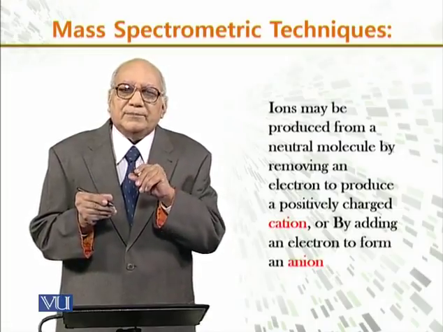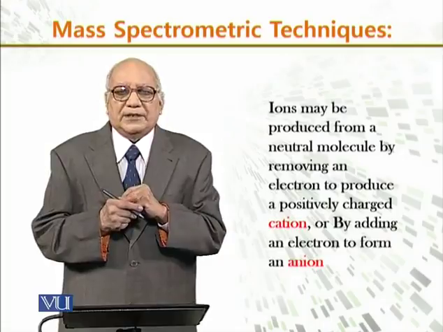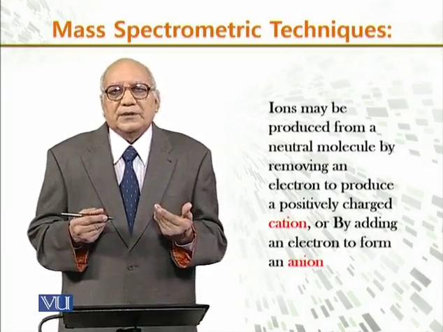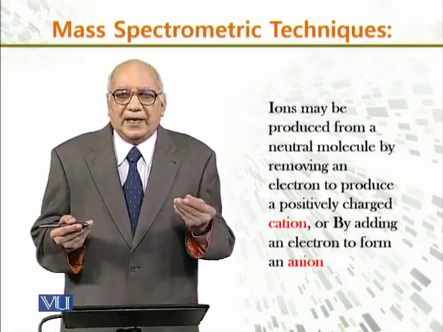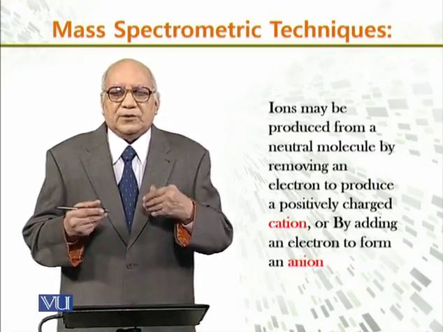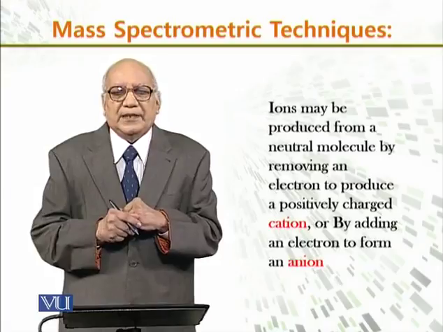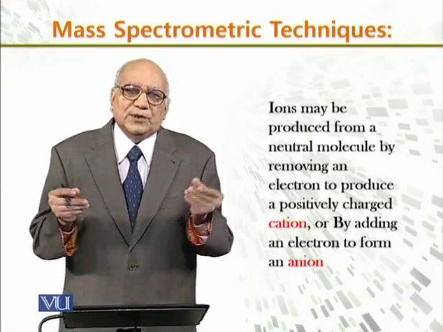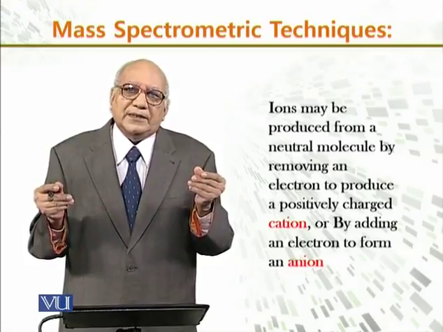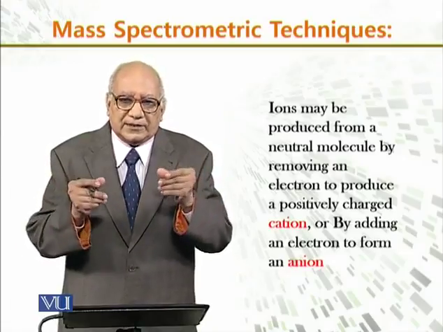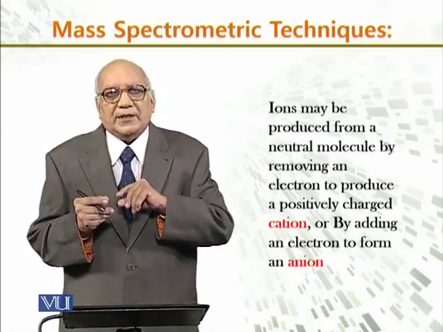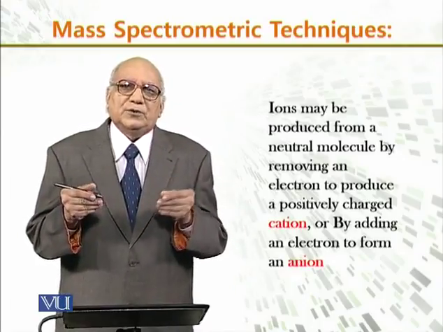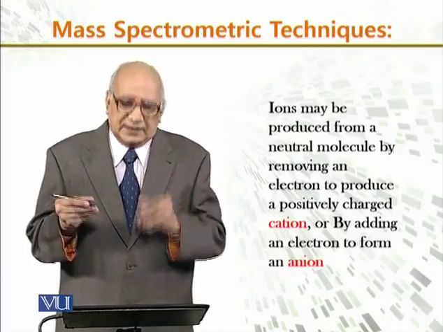Or we can do it another way by adding an electron to form an anion. That is, we can add an electron to produce an anion and remove an electron to produce a cation.